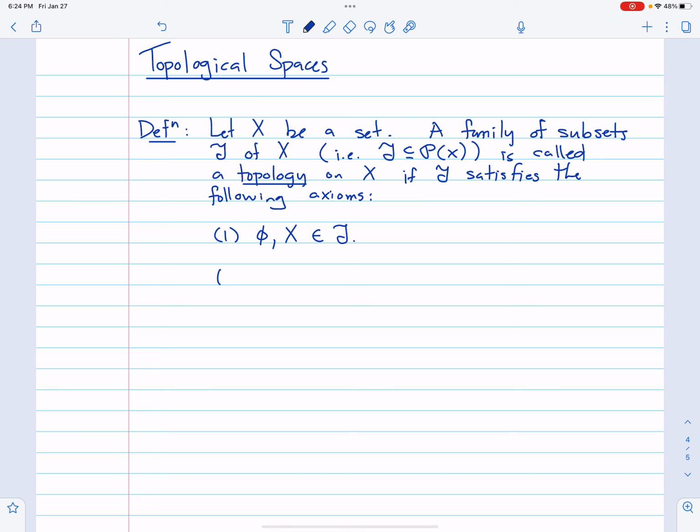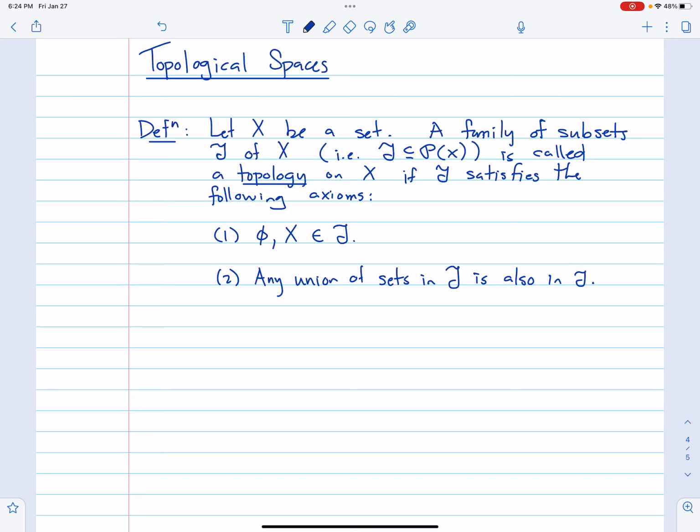The second condition is any union, not finite union, silly me. So any union of sets in T is also in T.